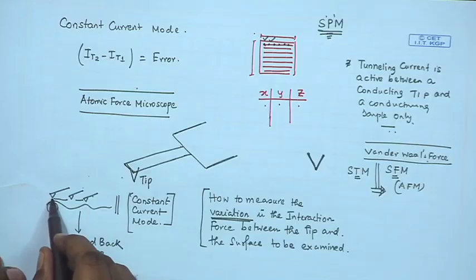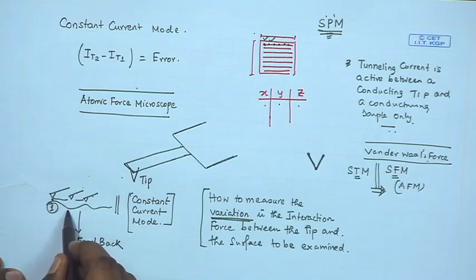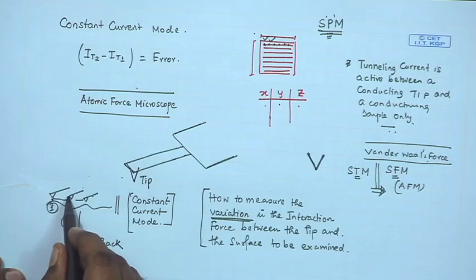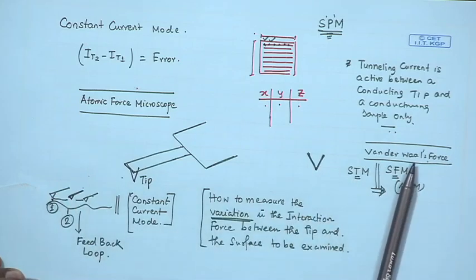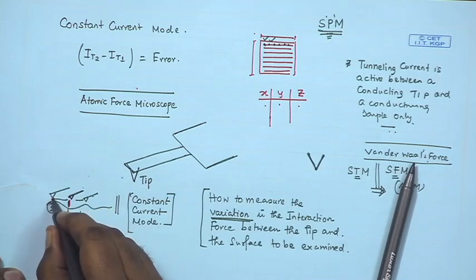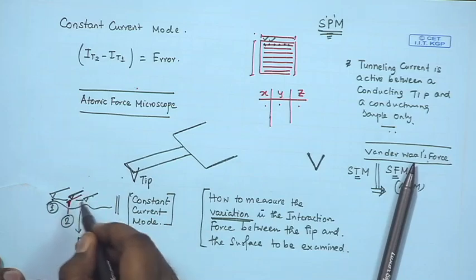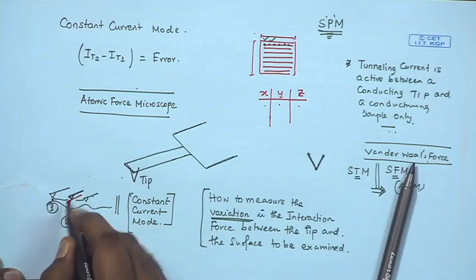Of course, this is a cartoon, not the correct picture; we will learn the correct picture soon. As the tip reaches from point 1 to, let us say, point 2, the interaction force reduces because the gap has increased, and this triggers the feedback loop and the tip comes down, so that you are again back to the same force.